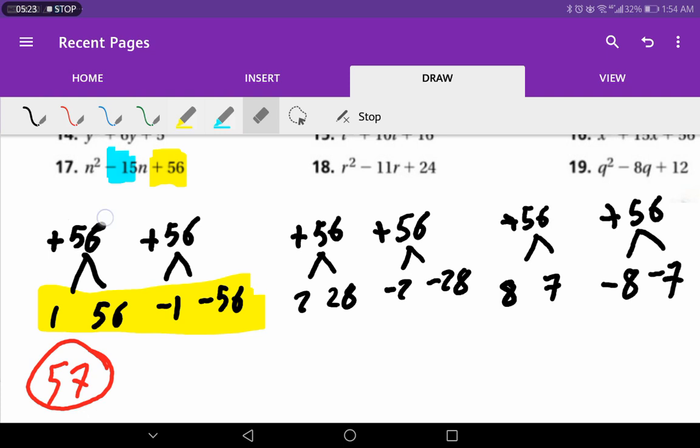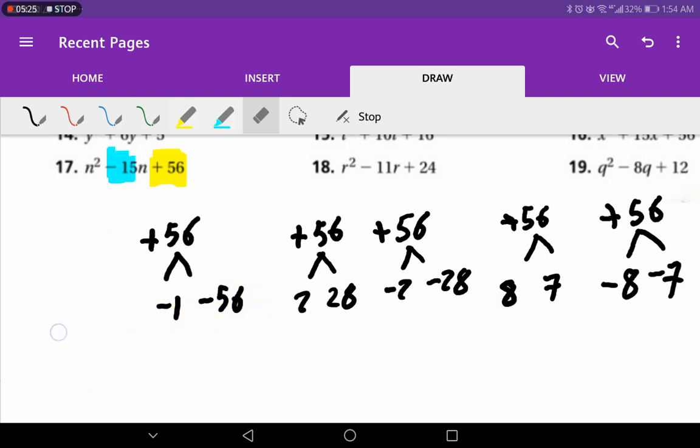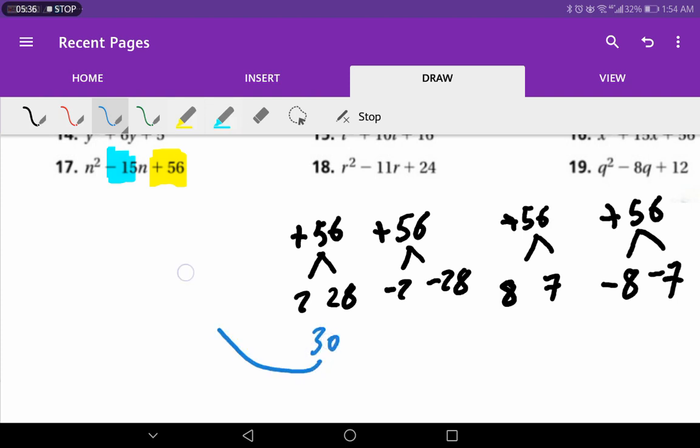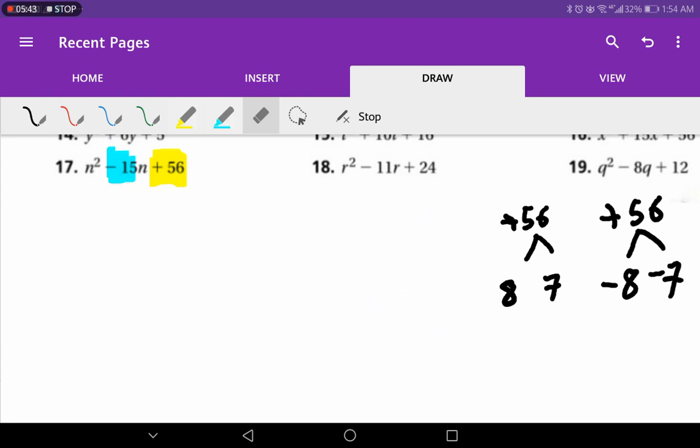So don't hesitate to erase them. And also this one clearly. And also here, 2 plus 28 is 30, and 30 is far away, so I will erase it also. And also this one.